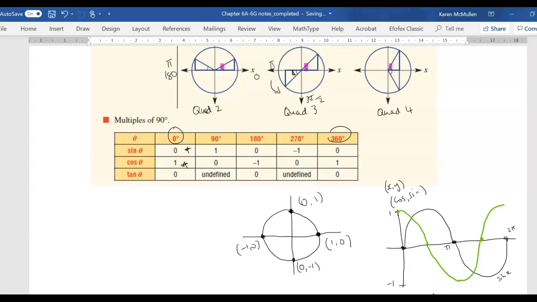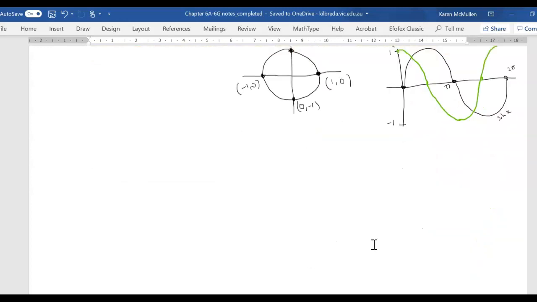When we look at sine and cosine graphs, we'll look at that a bit more. You do have amplitude and period that change your graphs, so you're not always going to have an amplitude of 1. It can be stretched or dilated, and it can also shift.